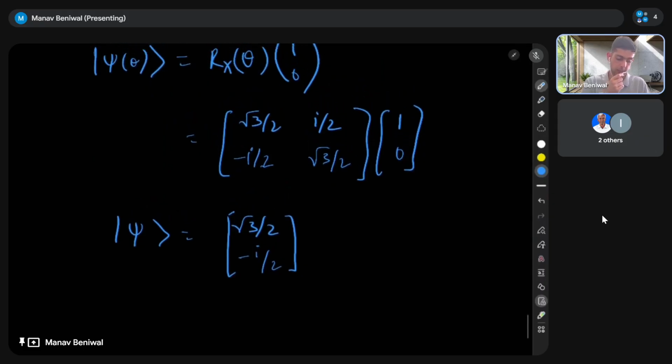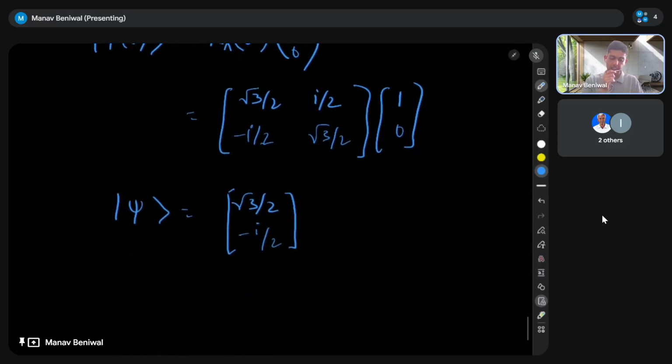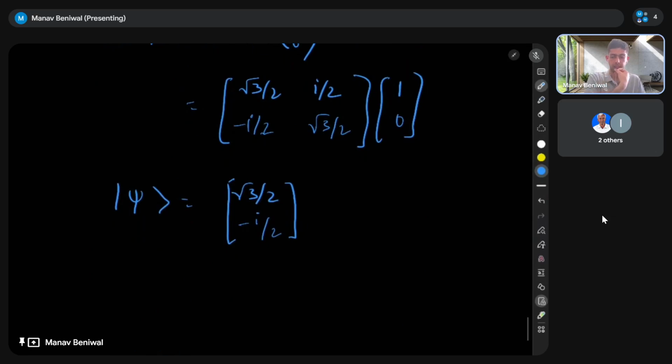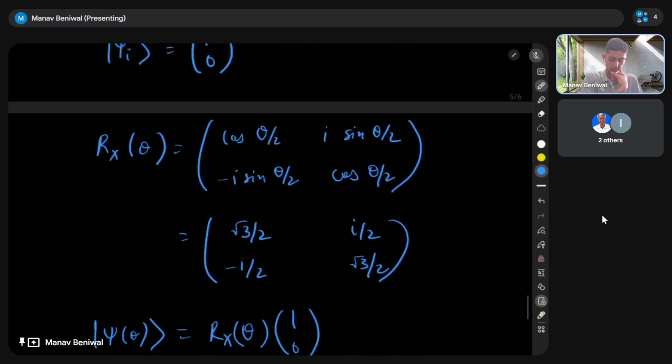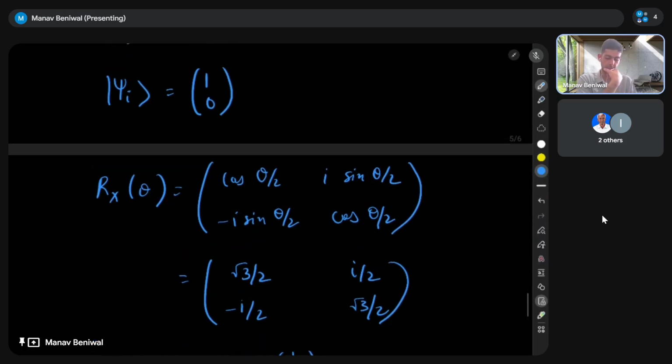Now if I want to write it in terms of our orthogonal sigma z eigenkets, this is one eigenket, and the other eigenket corresponds to the other eigenvalue. The sigma z eigenvalue for this eigenstate is -1, and for this it is +1, right?